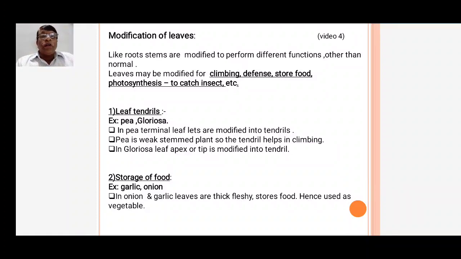The leaves may be modified even for protection or defense. The leaves are also modified to store food. As you know, the leaves are modified to catch insects, etc. Now, let us study one by one.